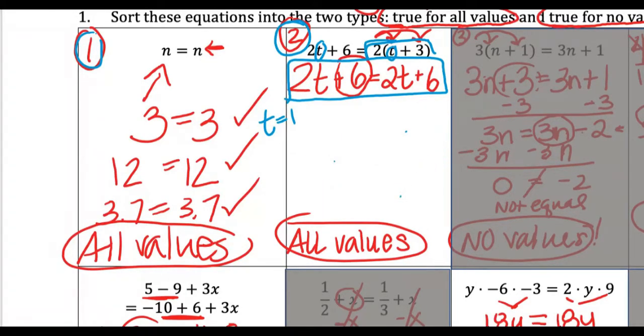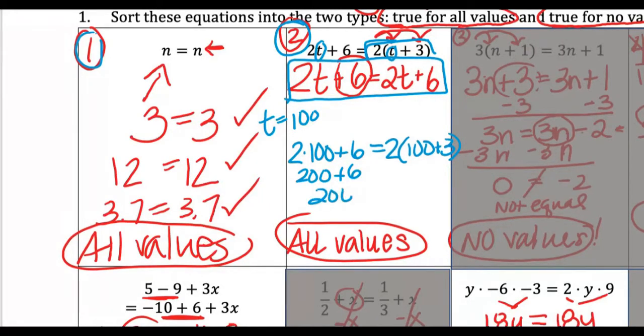Now that should work for any t that I would possibly pick. What if I wanted t to be 100? Instead of a t, I'm going to write 100. Again, I'm going to the very beginning and replacing the t with 100. On the left, I get 200 plus 6.